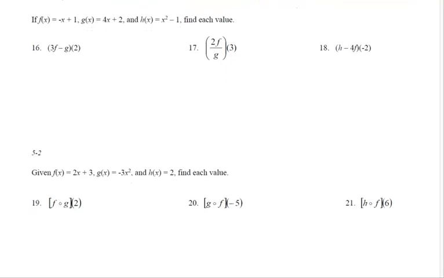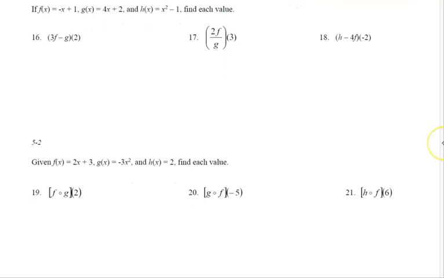All right, let's take a look at number 16. You might want to think about this in this way. It might make it easier. So what I've written in red is the same as the way it's going to be presented on the test. So what this means is do the 3 last. Just go ahead and do f of 2.